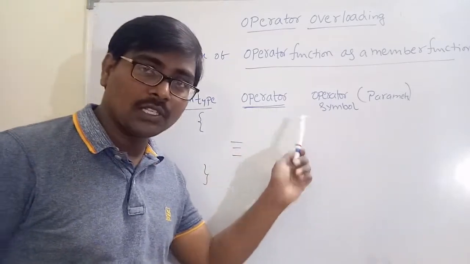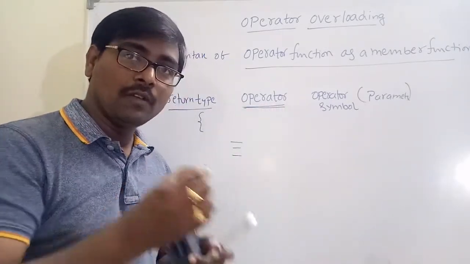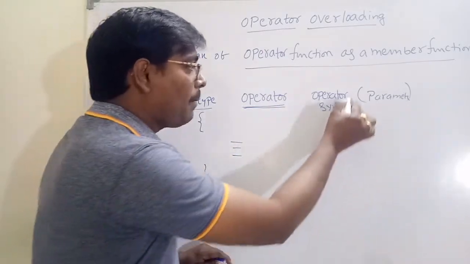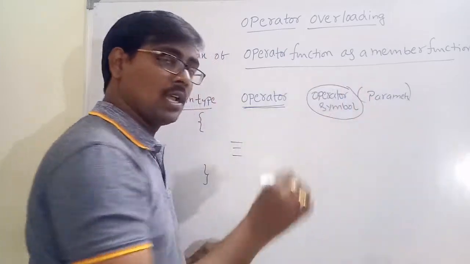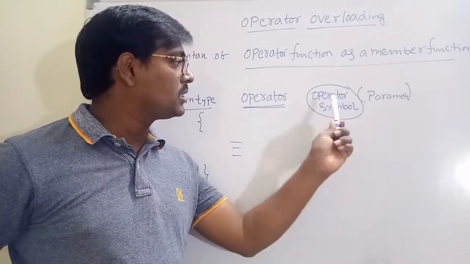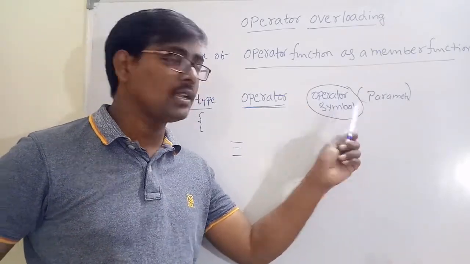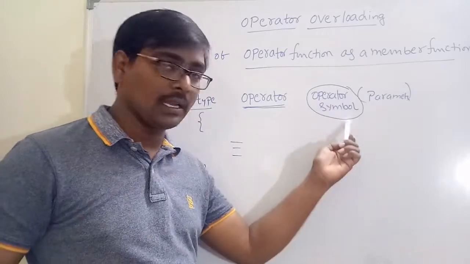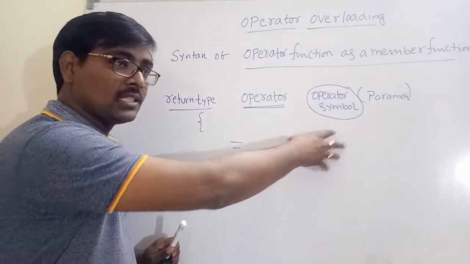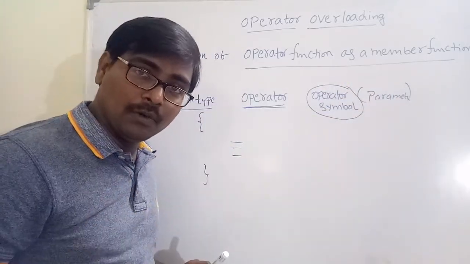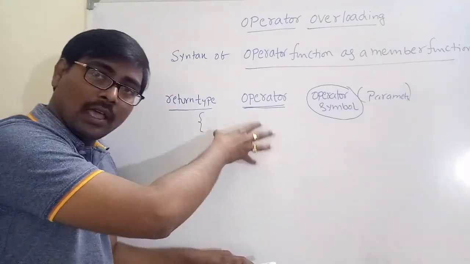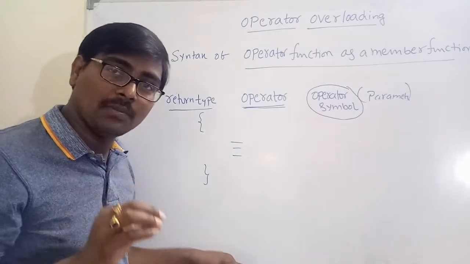The operator keyword is used to specify the operator overloading on the operator symbol, that is, on which operator we are performing overloading. For example, minus: I am performing operator overloading on minus. Plus: operator overloading on plus. If any inputs, we can pass them as parameters. This is the syntax of an operator function defined as a member function.